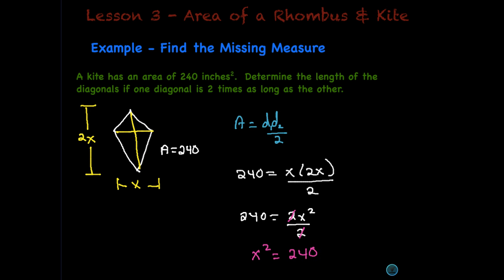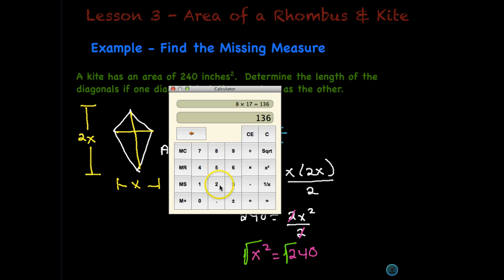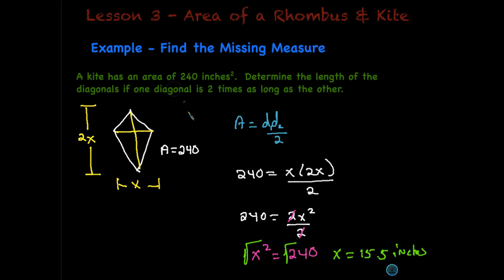You know how to solve this. All we need to do is take the square root of both sides. So we would use our calculator once more to take the square root of 240, and we would be left with x is equal to 15.5 inches. And now we have solved for x.